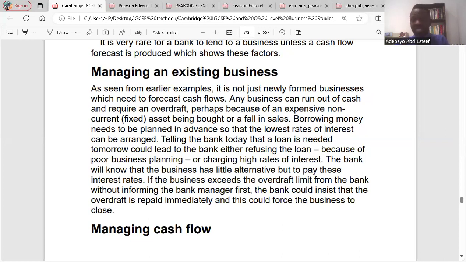Borrowing money needs to be planned in advance so that the lowest rates of interest can be arranged. Telling the bank today that a loan is needed tomorrow could lead to the bank either refusing the loan because of the poor business planning or charging high rates of interest. The bank will know that the business has little alternative but to pay this. Without informing the bank manager first, the bank would insist that the overdraft is paid immediately, and this could force the business to close.